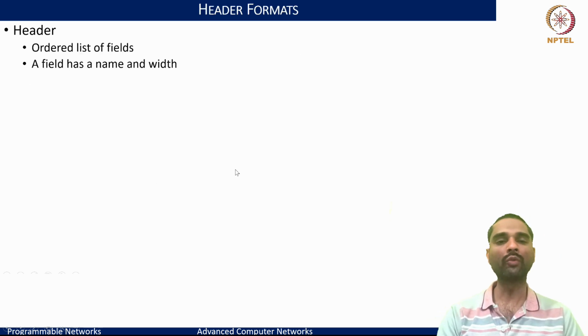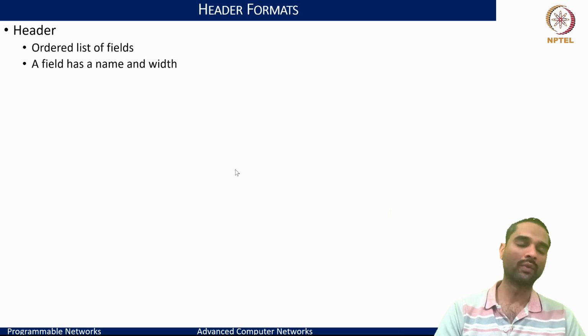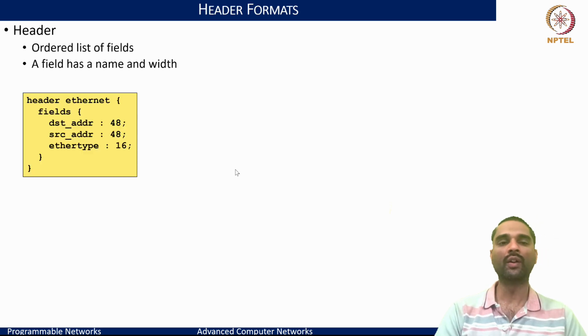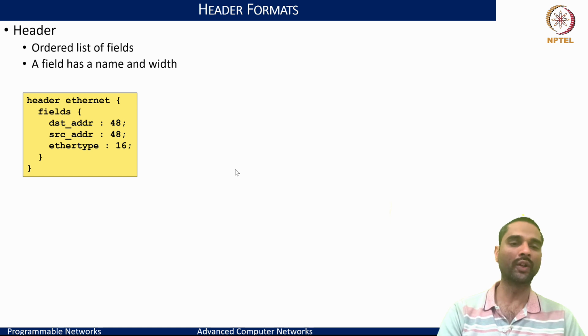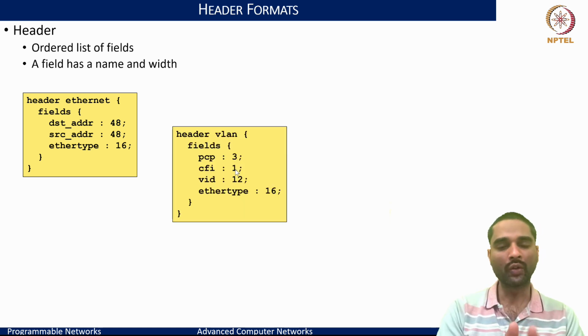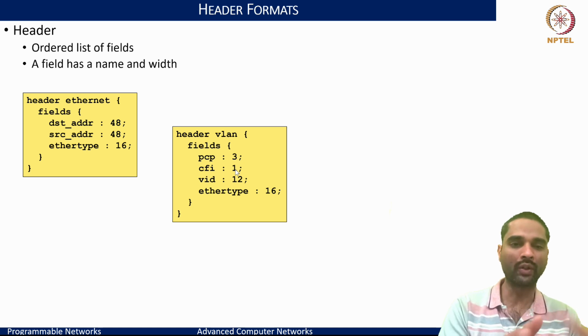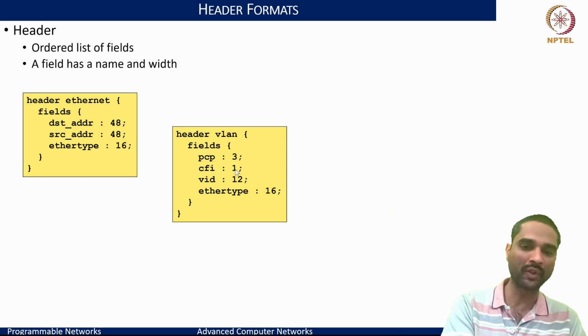If we have to build such an aspect, first we have to look at the header format, which is basically the ordered list of fields, where each field has a name and a width. Again, we start with layer 2, which will be destination address, source address, and ether type of 48, 48 and 16 bits. Then we can do it with the VLAN tags, like traditional routing says, where we can set up which VLAN to use.